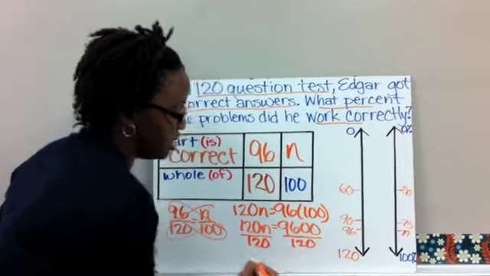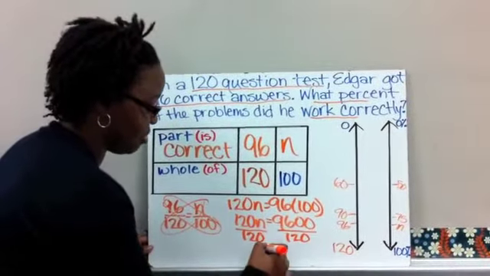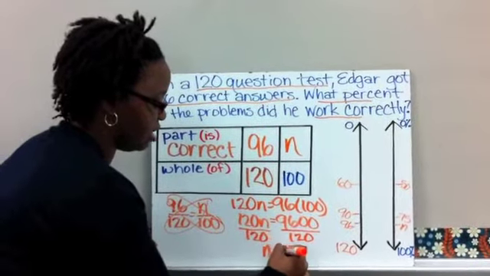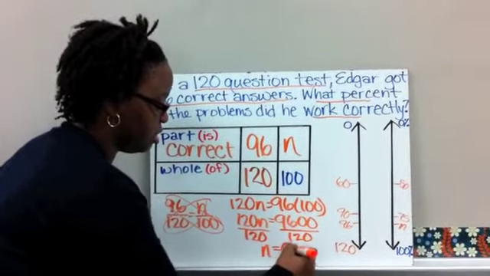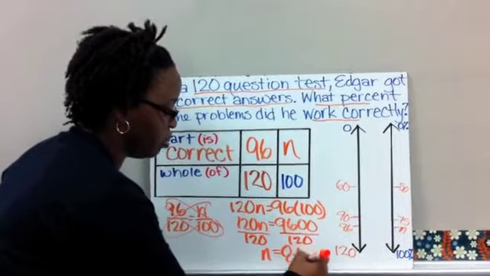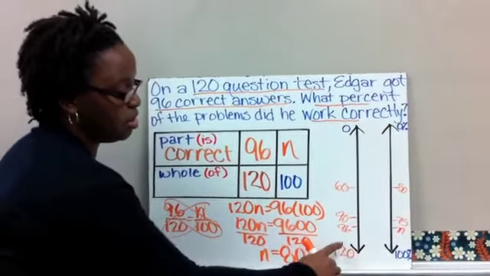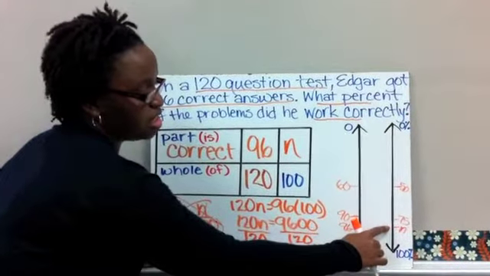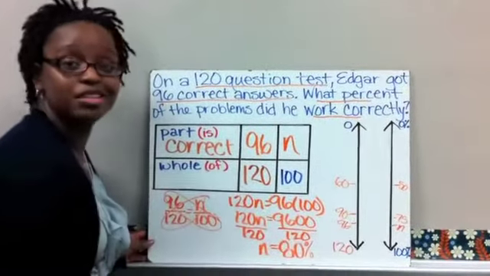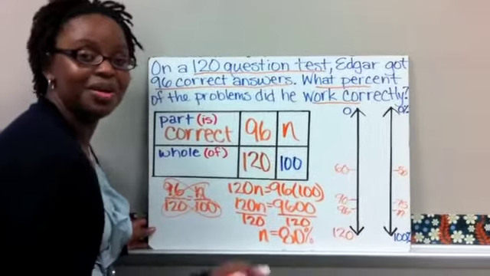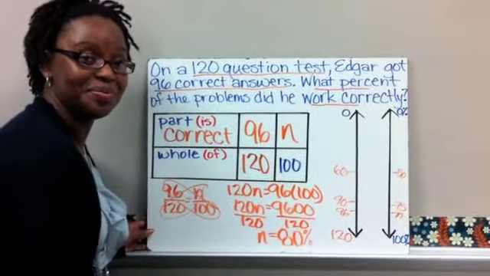Again, if you want to pause here, work it out, make sure you got the right answer. But I'm going to go ahead and give the solution I've worked out. 9,600 divided by 120 is 80%. If I look at my percent benchmarks, 80%, just a little bit more than 75%, so I know that my answer is reasonable. Go ahead and work the next example on your own.